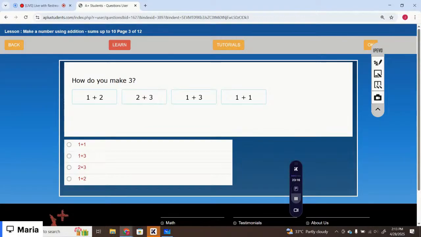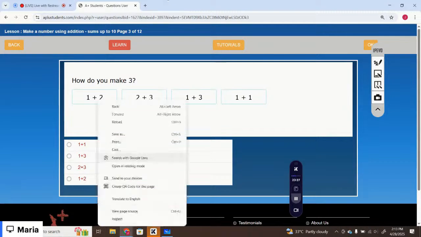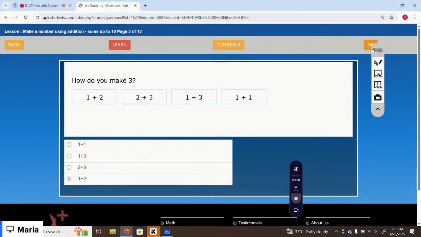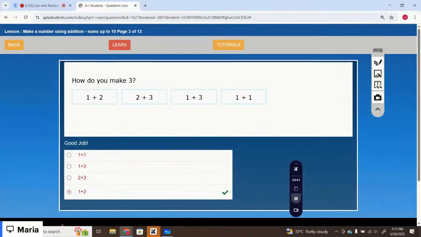How do you make 3? Which is the correct option? One plus two is the correct option, right? That is the last option. So 1 plus 2 is 3.